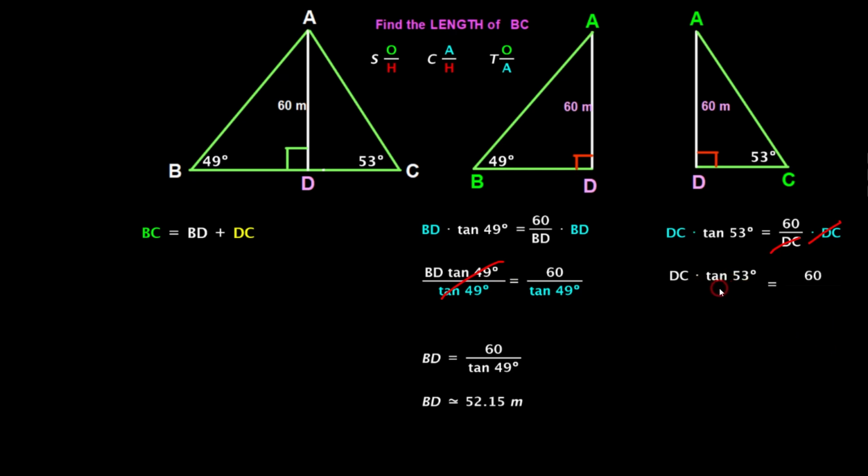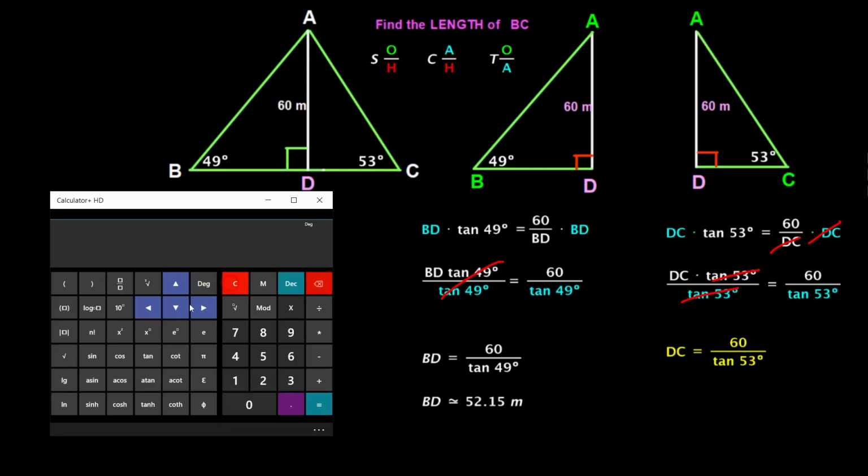Now we have to divide this side by tan of 53, the same value, so DC will be isolated, and we do the same thing on the other side. So tan 53 gets cancelled. The left side is isolated as DC, and the right side value is 60 over tan of 53.